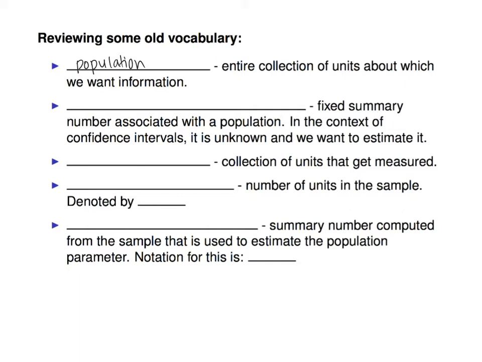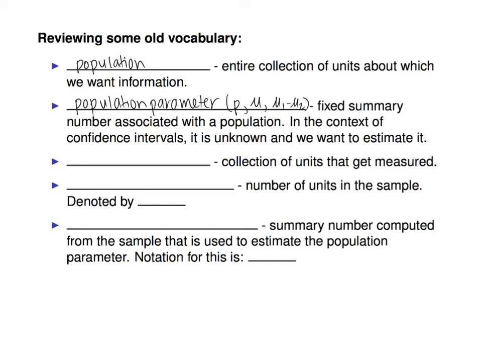The fixed summary number associated with the population is the population parameter. This could be a p, a mu, mu1 minus mu2. That's the unknown value that you can't find and you want to estimate.